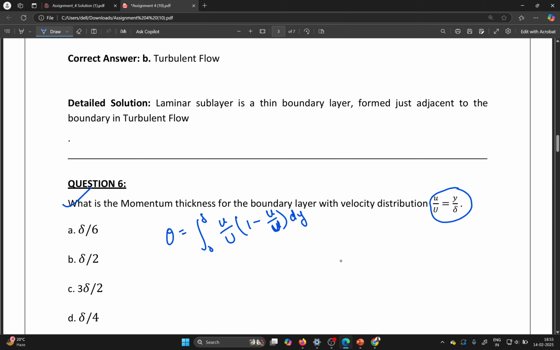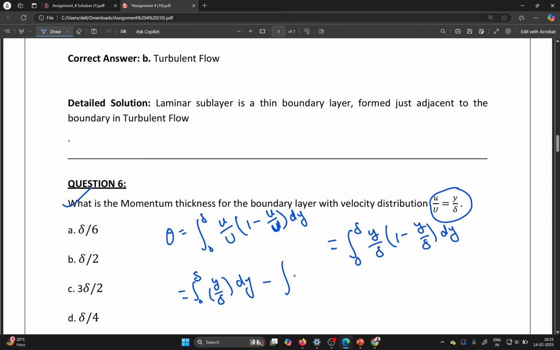Here you need to put the value: integral from 0 to delta of y by delta times (1 minus y by delta) dy. Now you need to integrate the integral from 0 to delta of y by delta dy minus the integral from 0 to delta of y square by delta square dy.